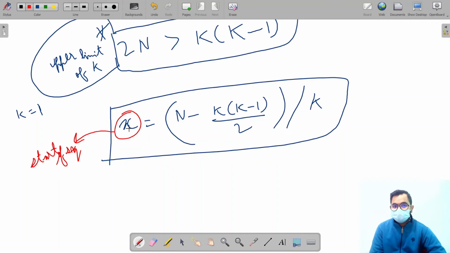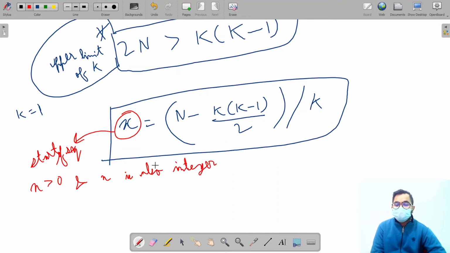If this is the start of a sequence of consecutive positive integers, then x is always going to be positive, which means x is greater than 0, and x is also an integer.